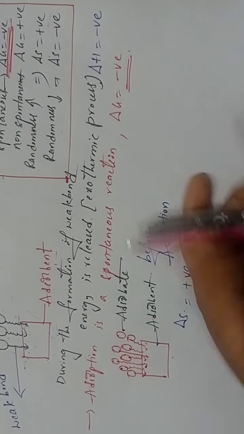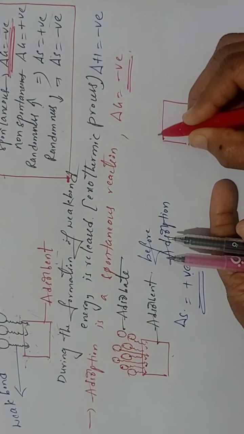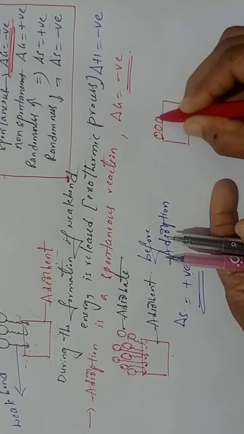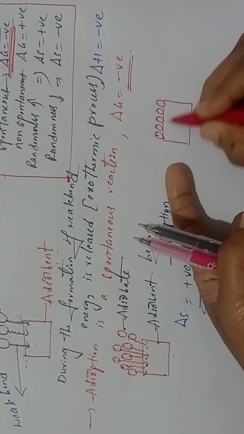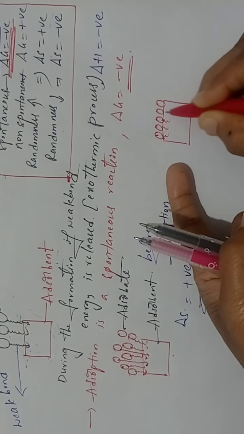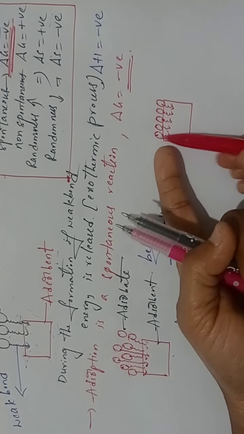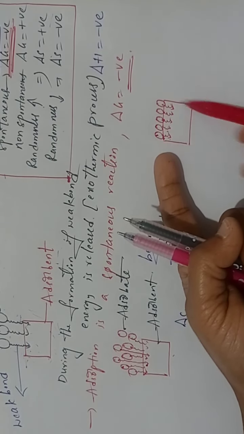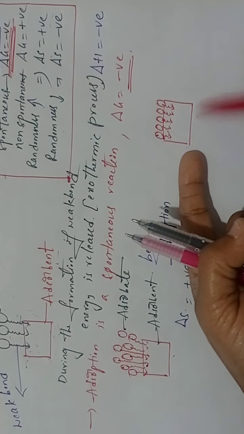Now adsorption takes place. What happens, students? Here these molecules are settled on the surface of the solid. They form the bond with the adsorbent.